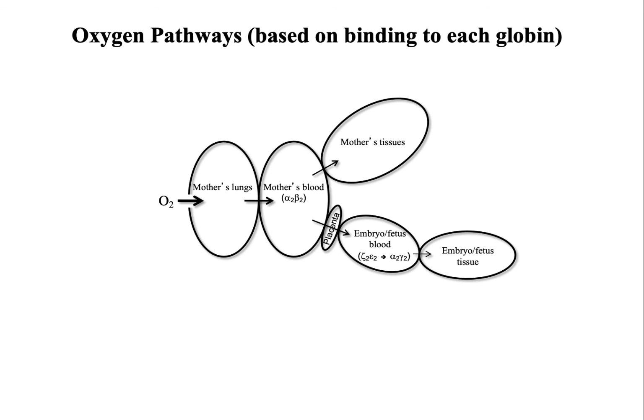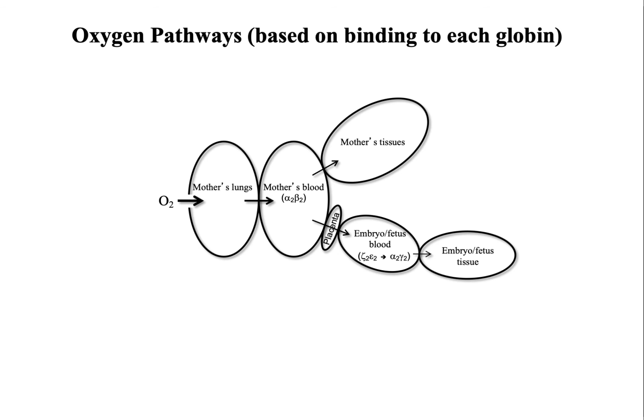So in the embryo, you have zeta and epsilon subunits, and in the fetus, you have alpha and gamma globins. And those pick up oxygen better than the adult hemoglobin alphas and betas. And so there's a net transfer there, and then ultimately that's transferred to the embryo or the fetus's tissues into the myoglobin.